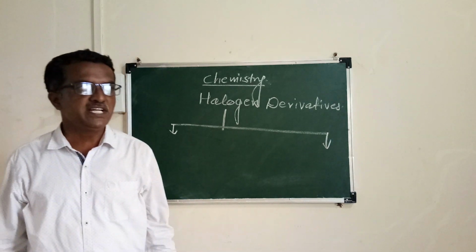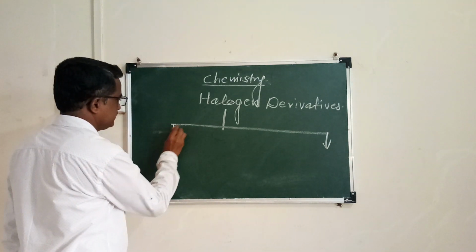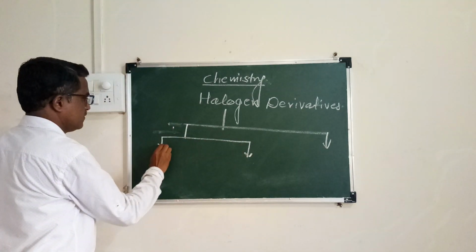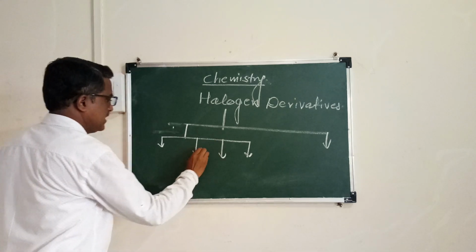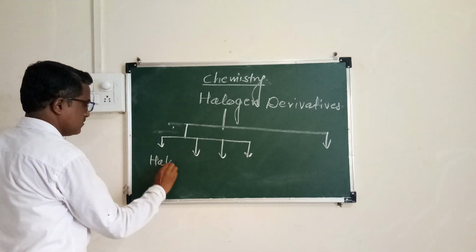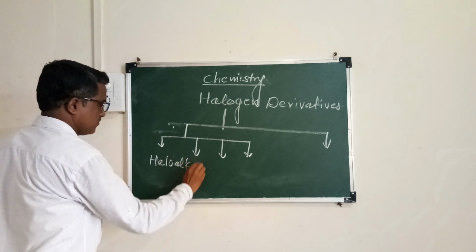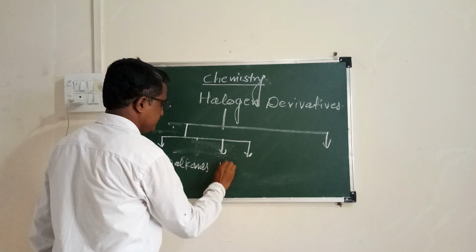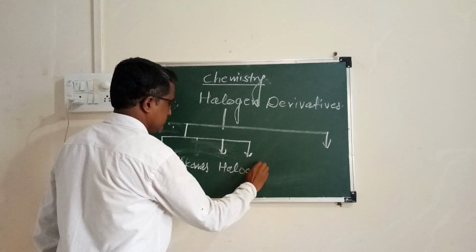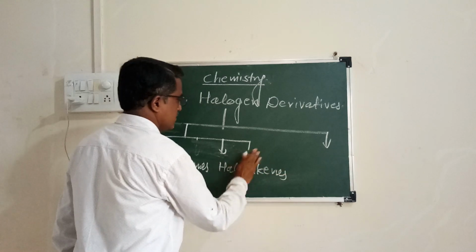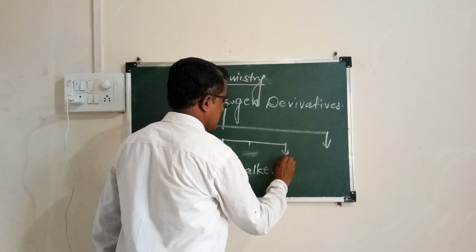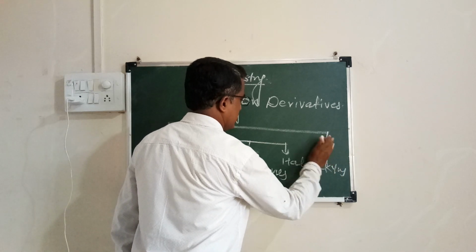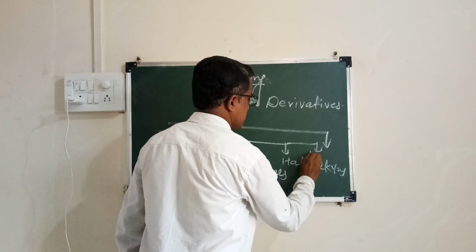The first classification is again sub-classified into four subtypes: haloalkanes, haloalkenes, haloalkynes, and haloarenes.